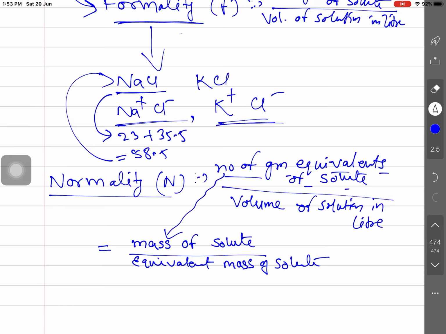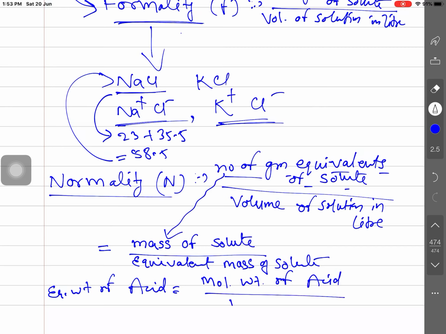Suppose the solution is acidic or the solution is a base. The equivalent weight of an acid is equal to the molecular weight of the acid divided by the basicity of the acid. Normality means the number of gram equivalents of solute dissolved in 1 liter of solution.